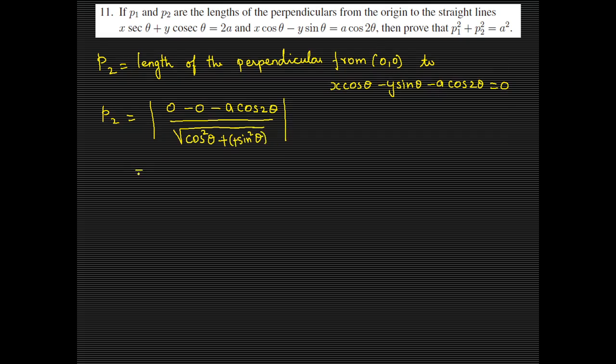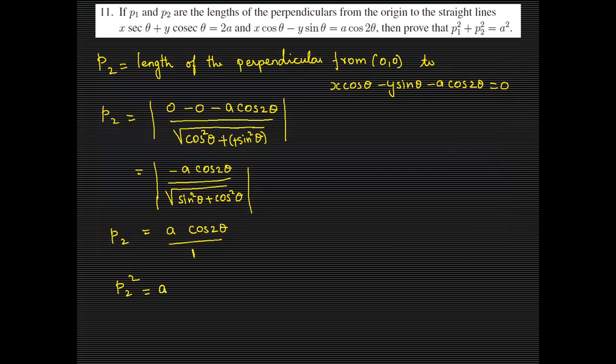So which is equal to modulus of minus a cos 2 theta divided by square root of sin square theta plus cos square theta. Remove that modulus, and you will be getting a cos 2 theta divided by the value of sin square theta plus cos square theta, which is 1, so the denominator will become 1. So this is our P2. We want P2 square, which is a square cos square 2 theta.